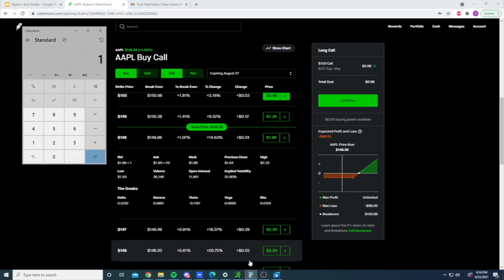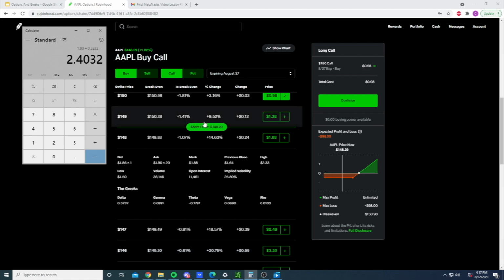So let's do the math here. 1.88 plus 0.5232, you get 2.4. So if Apple were to move $1 up to 149, this options contract would be worth $2.40. But it also works in the inverse.